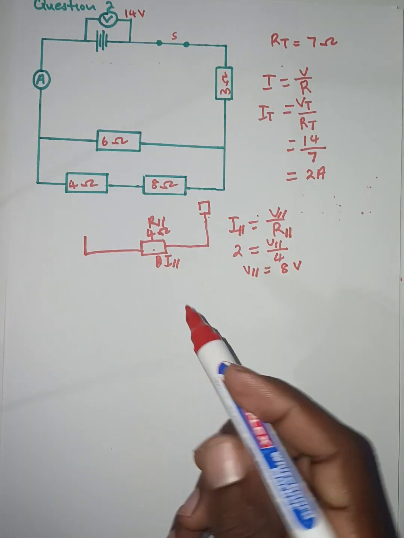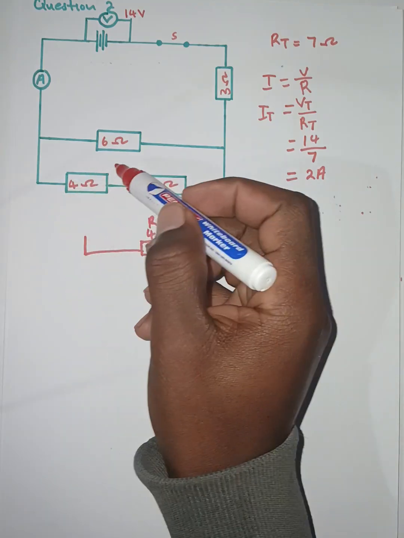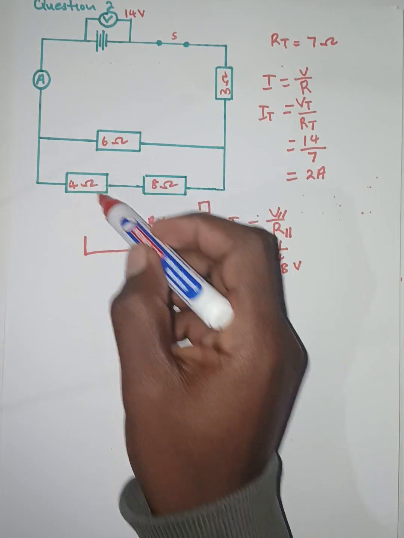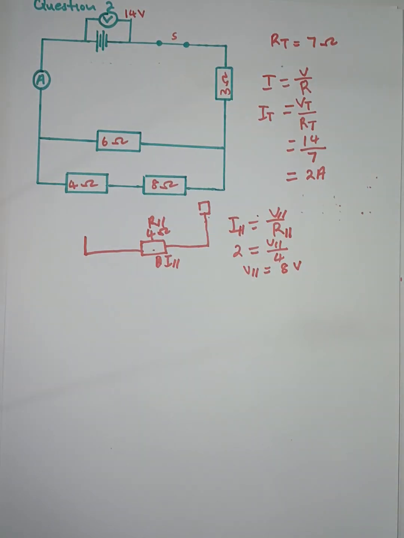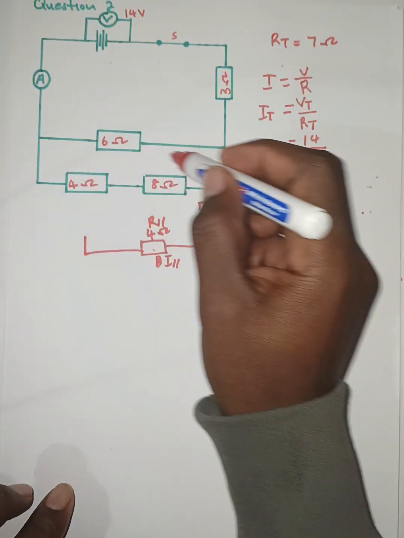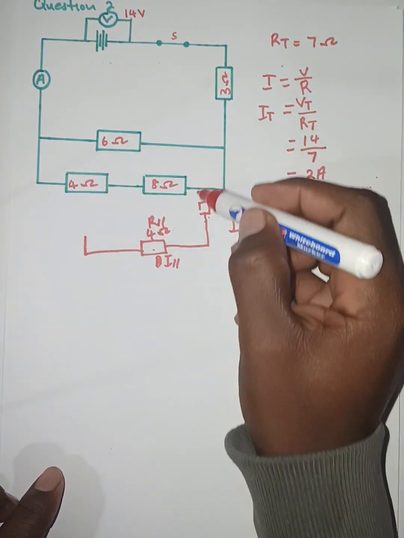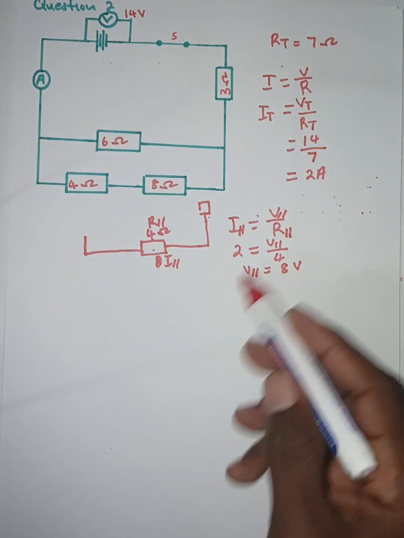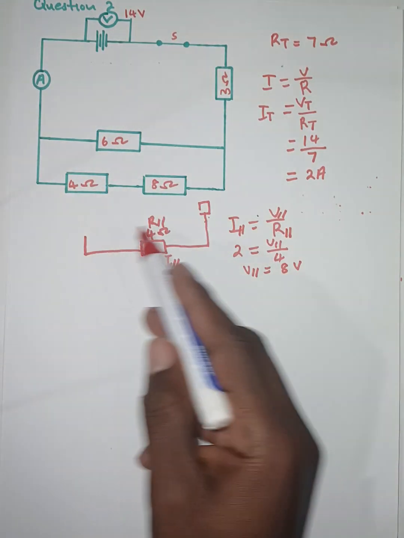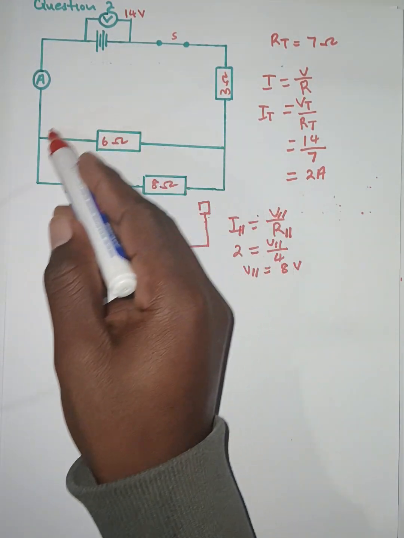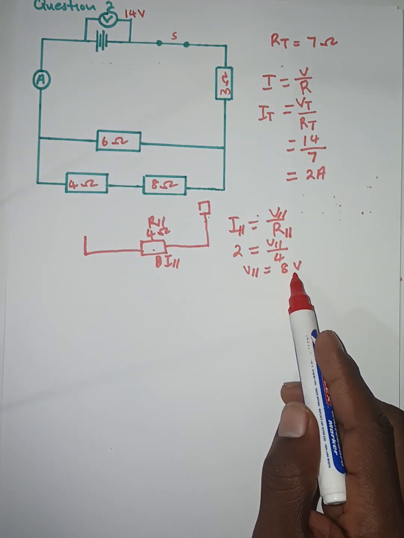So in a sense, we would be able to know the voltage across the 4 ohm resistor, and we would be able to know the voltage across these two resistances when combined. So we found V parallel to be 8 volts, so the voltage passing through these parallel resistors would be 8 volts.